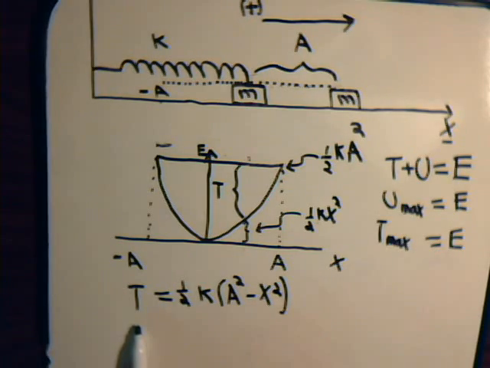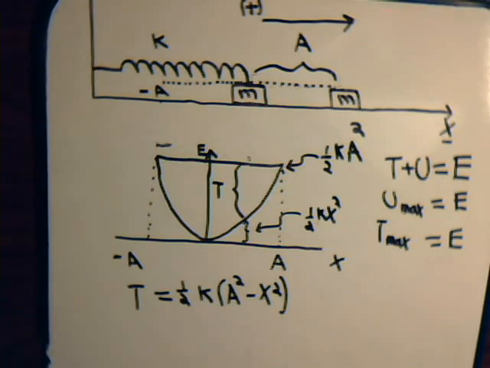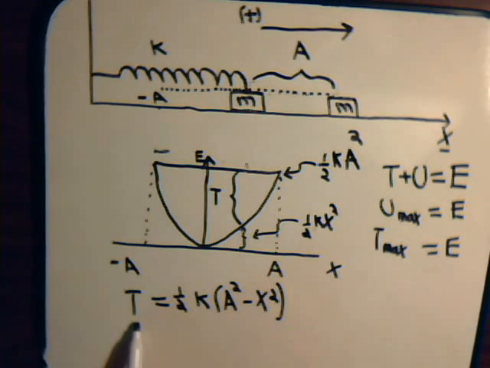And we say the kinetic energy, obviously referring to the kinetic energy of the block, that's 1/2 mv squared.